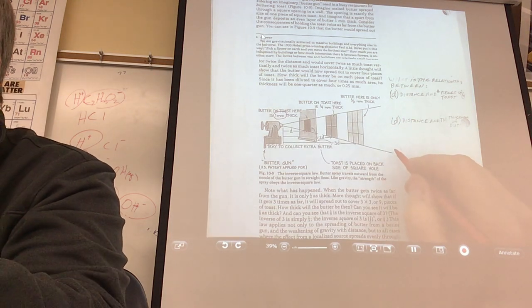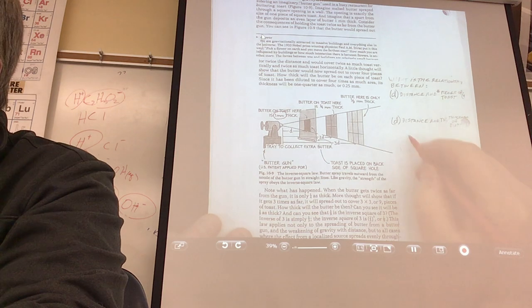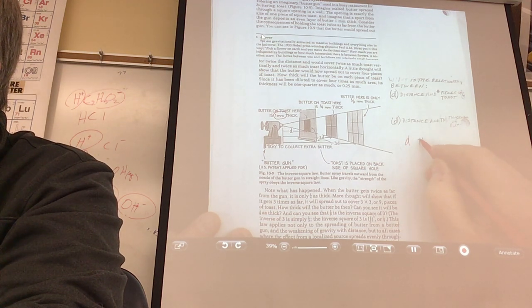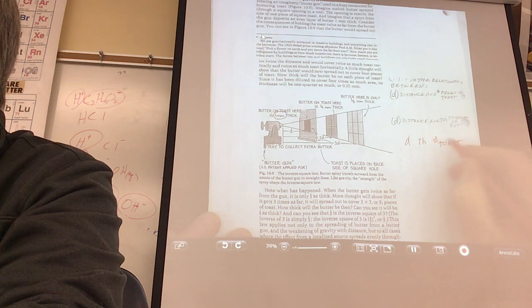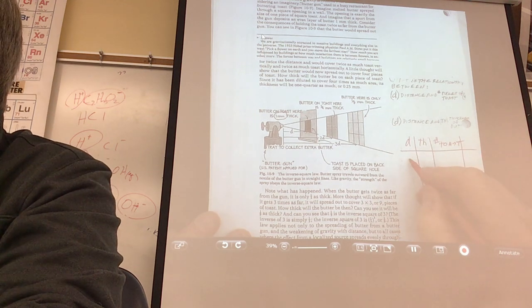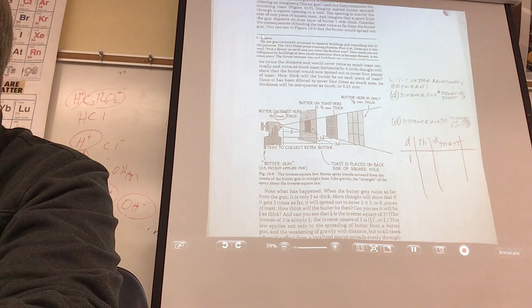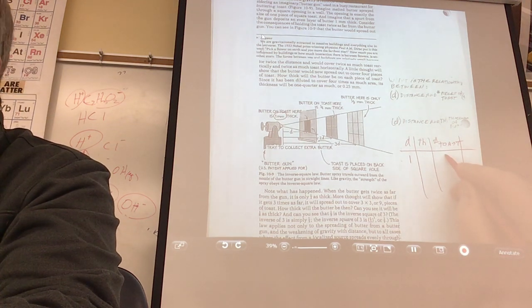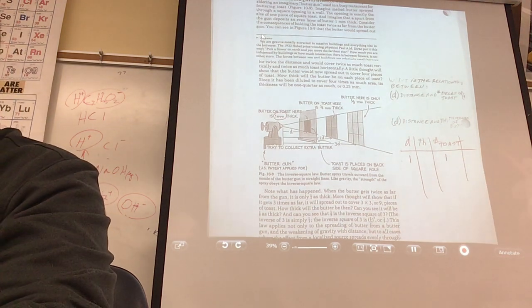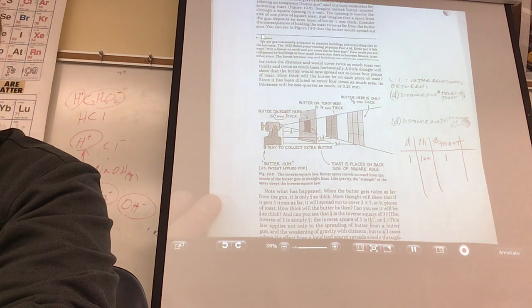So I made a little chart here: distance, thickness of butter, and number of pieces of toast. Let's generate some data here. When the distance is at 1D, let's call it 1, I can exactly butter 1 piece of toast, and the thickness of the butter is 1 millimeter.